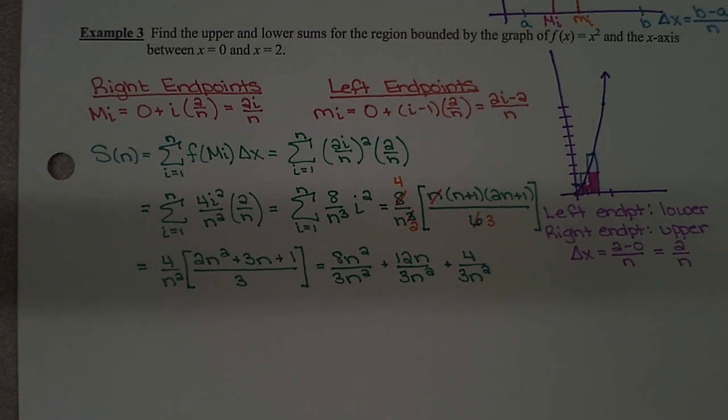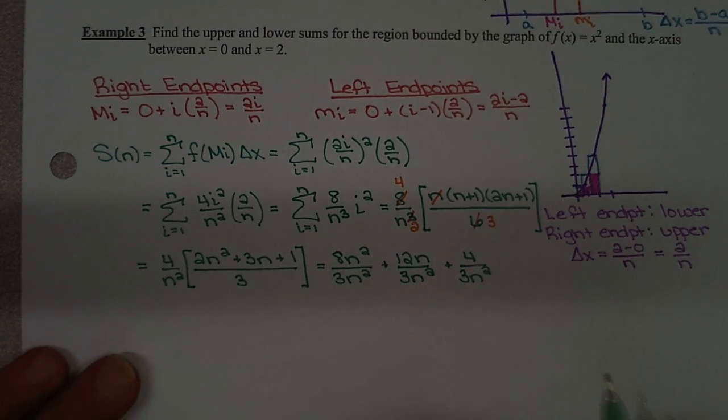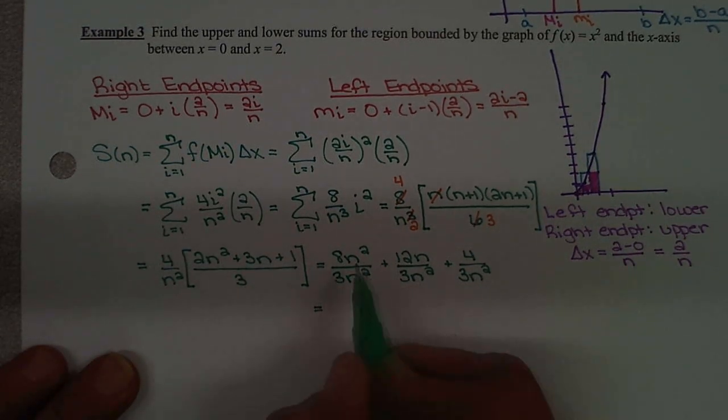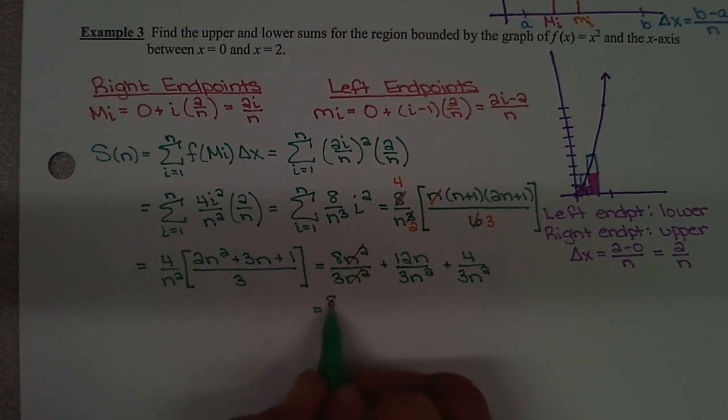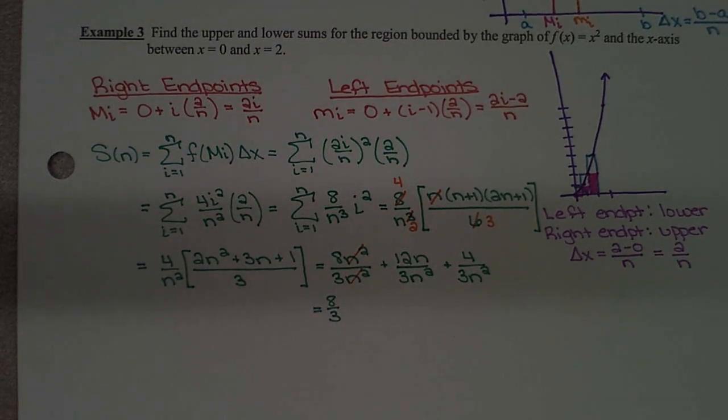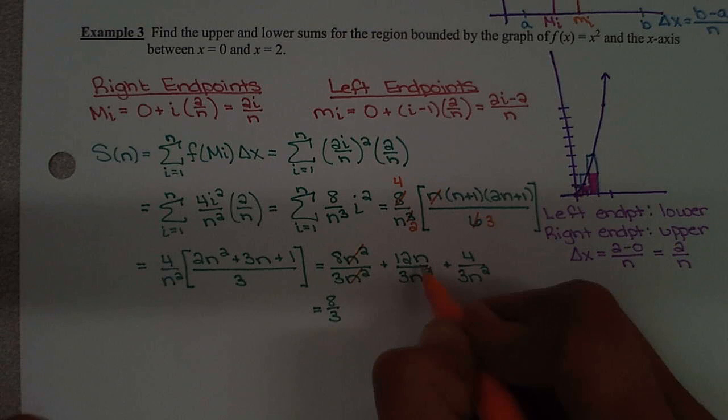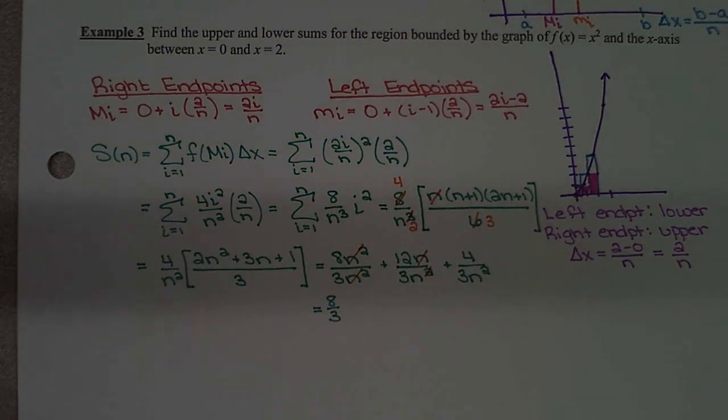Now I'm going to go through and simplify what I can. And I'm going to end up with the n squareds canceling here to leave an 8/3. Here, one of the n's is going to cancel to leave a 12 over 3n.